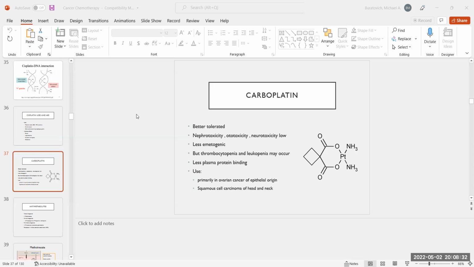They will work during M phase, during mitosis. There are two groups of antimicrotubule drugs: the vinca alkaloids and then the taxanes.